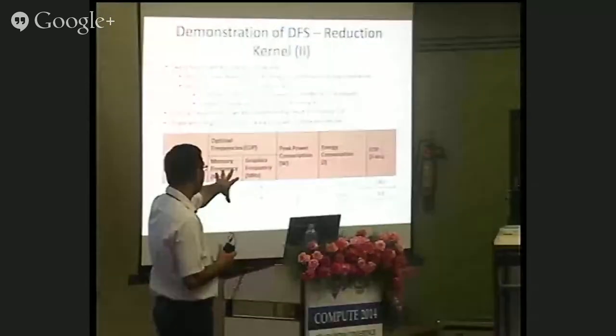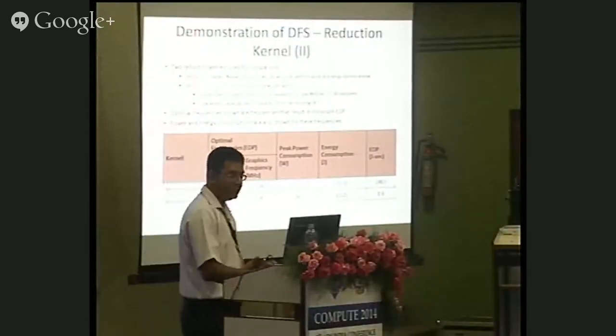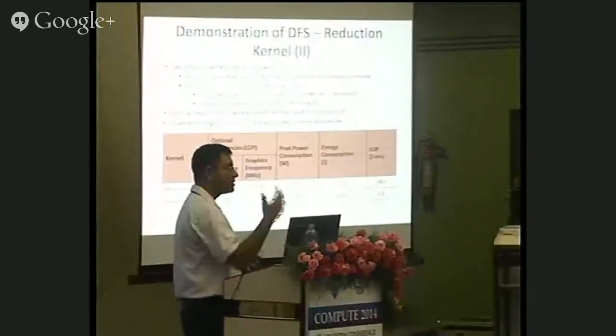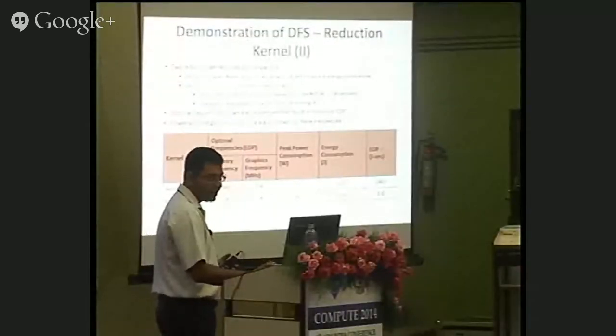For each of those kernels, we profiled them to find out the peak power consumption and the energy consumption. Here we have listed the comparison between the least optimized one versus the most optimal one.